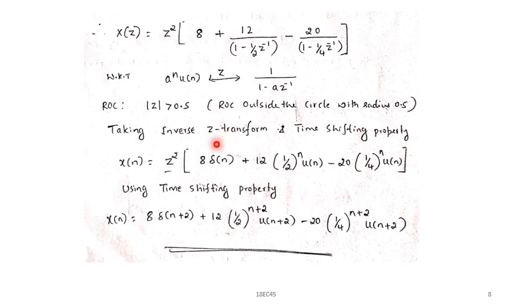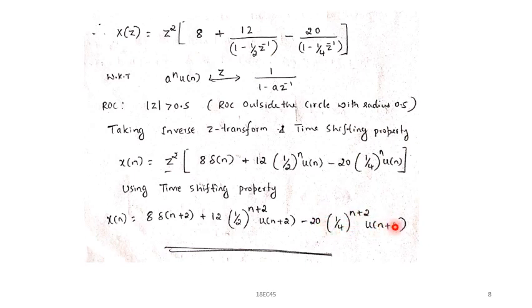So this is z square, so I need to apply the time shifting property, then convert it to a time domain signal. Right? So wherever n is there, I replace it by n plus 2. Now using the time shifting property, I'll get x of n is equal to 8 into delta of n plus 2 plus 12 into 1 by 2 to the power n plus 2 into u of n plus 2 minus 20 into 1 by 4 to the power n plus 2 into u of n plus 2.